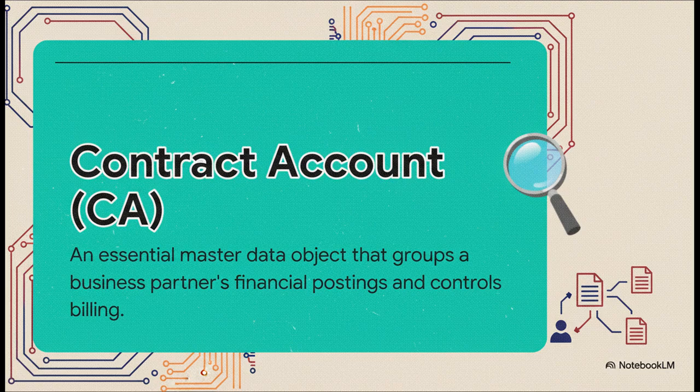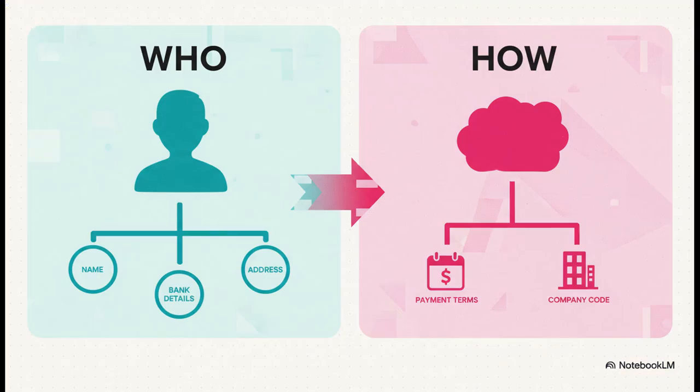It's where all the rules for payment, dunning, and taxes are stored. And this slide just perfectly illustrates that separation of duties. The BP is the who, McFarland Systems, located in San Jose. The CA is the how you bill them. They pay on net 30 terms, they get reminders after 15 days, and the bill is coming from your U.S. legal entity.